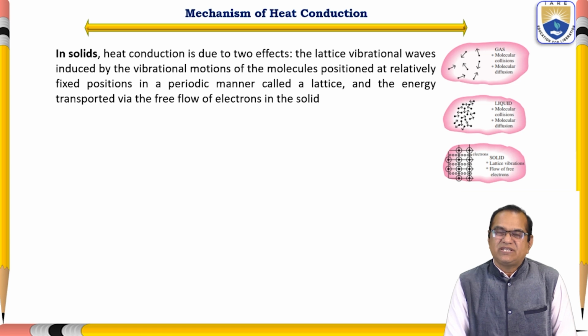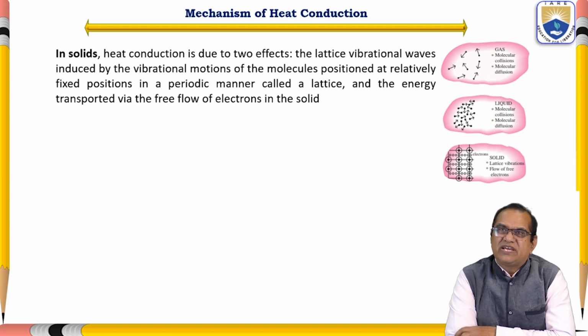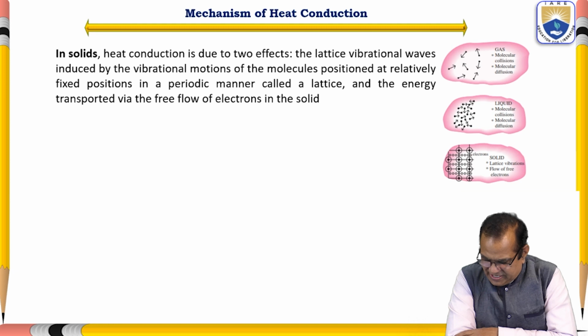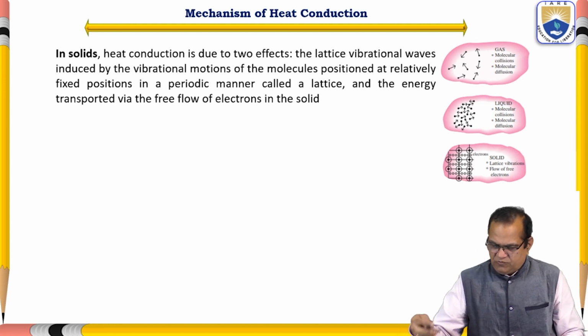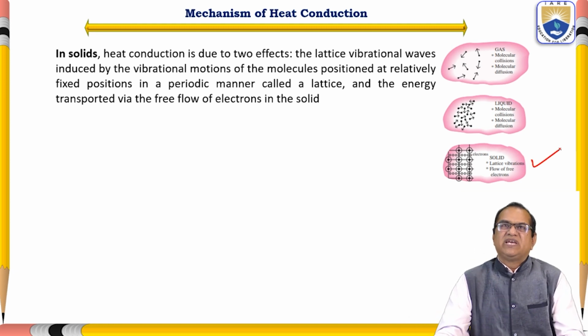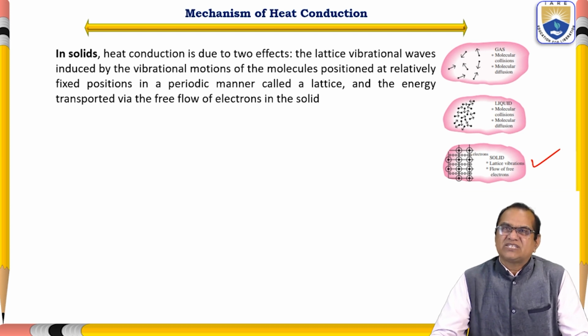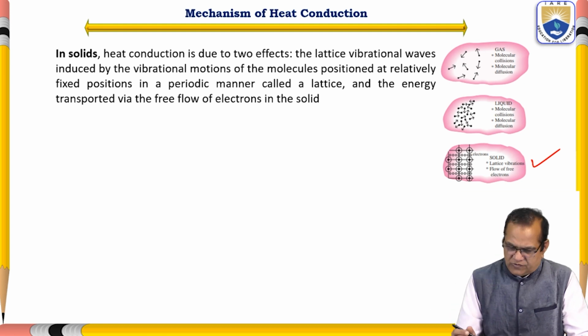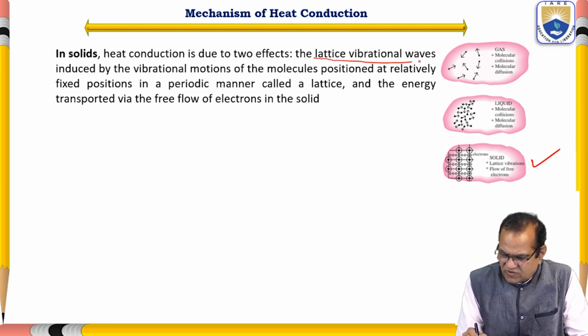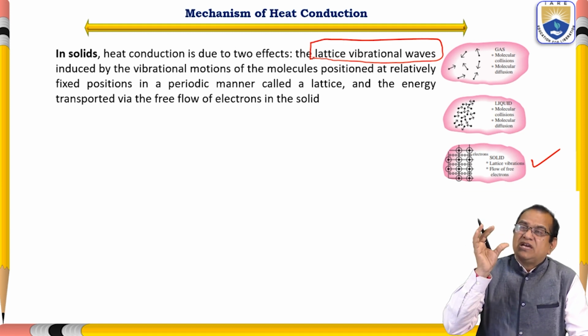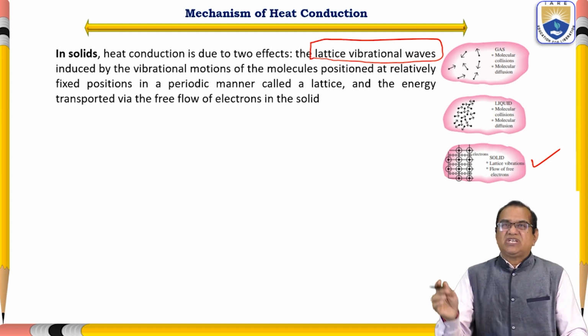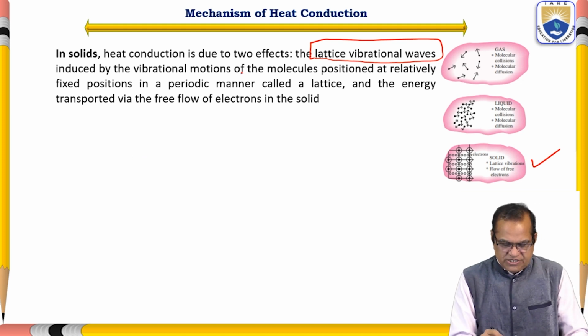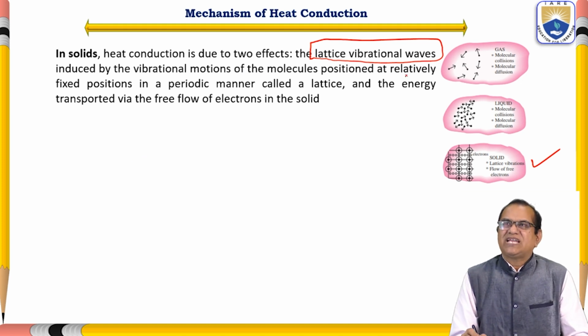Mechanism of heat conduction. We will see it here for solids, liquids and gases. First we have the solids. In solids, heat conduction is due to two effects. The first is the lattice vibrational waves, induced by the vibration motions of the molecules positioned at relatively fixed positions in a periodic manner called a lattice.